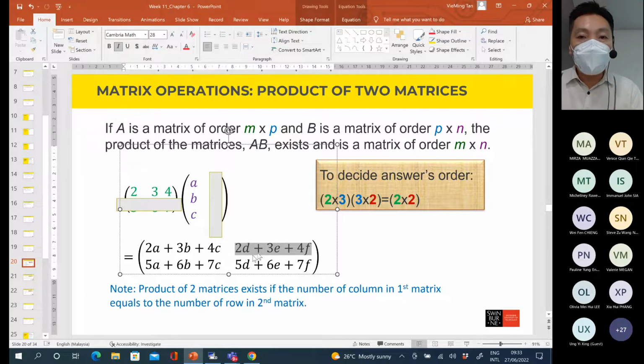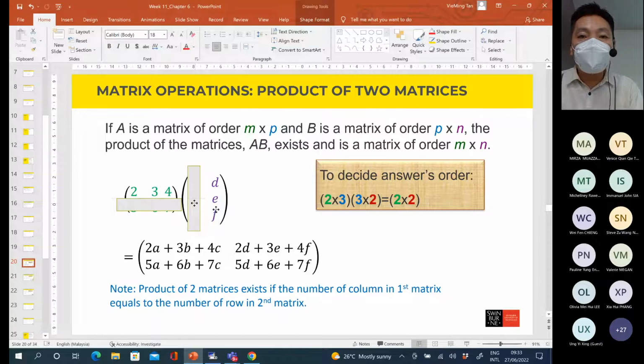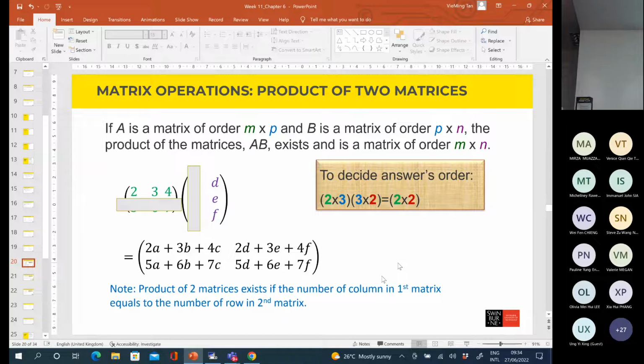That means we use the first matrix, matrix A, and all of the first row will be involved, multiplied with the elements in the second column of matrix B. We need this row and this column to get the answer for this element, because it is at row number 1 and column number 2. So it's 2 multiply D plus 3 multiply E, then plus 4 multiply F.